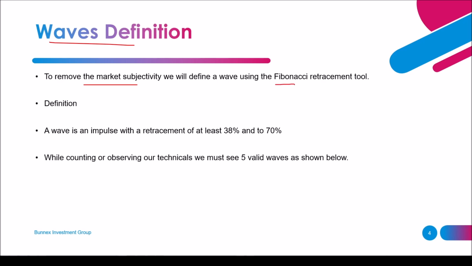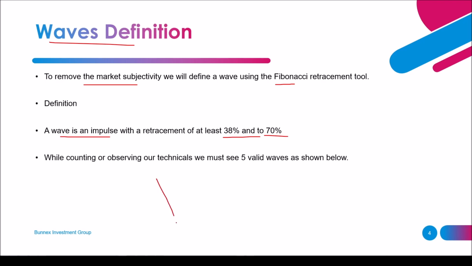It's actually a very basic trading tool. The Fib retracement is found by default on MT4 or MT5. So by definition, a wave is an impulse with a retracement of at least 38%, or 38 to 70%.